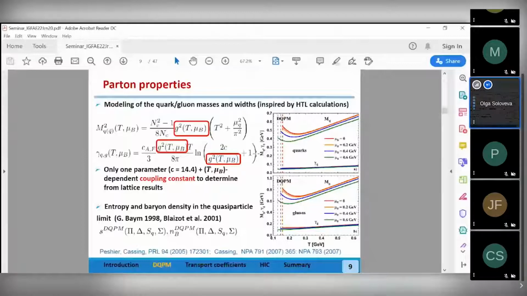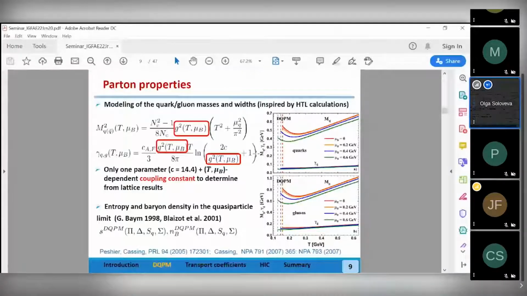In order to obtain it, we can use the formula for entropy density. In order to fix our entropy density to lattice QCD, we can determine g squared. So as you can see, there is only one parameter, the coupling constant, which you can determine from the lattice QCD equation of state.